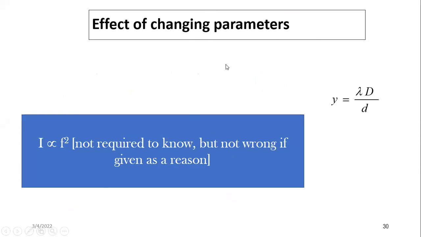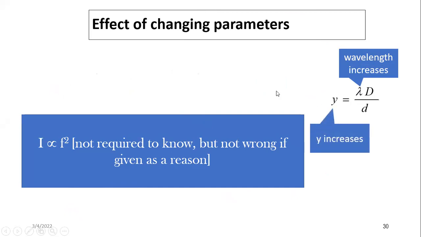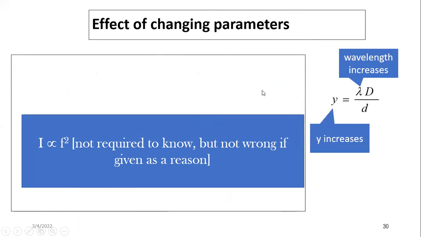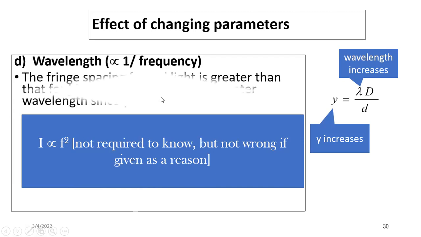Okay, effect of changing parameters. If you increase your wavelength, you increase Y. Wavelength is inversely related to frequency. Sometimes they want to ask you what happens if the frequency is increased.